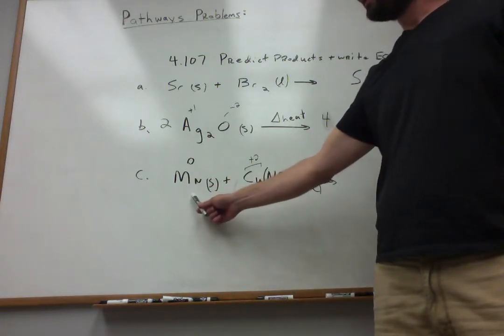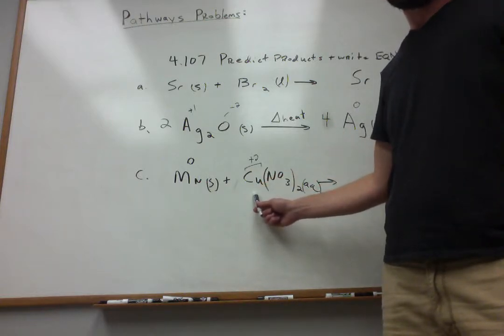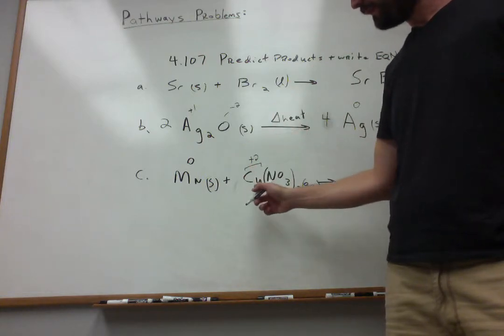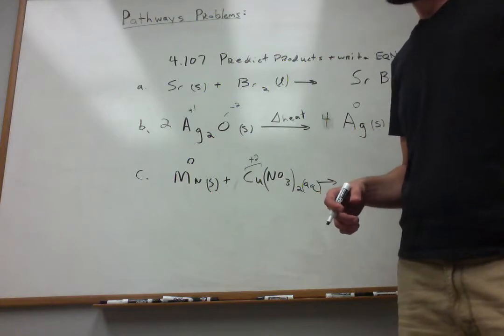Right now, the manganese is in the reduced elemental form, and the copper is in the oxidized form. But potentially, these two can switch places. They could flow electrons from one to the other.